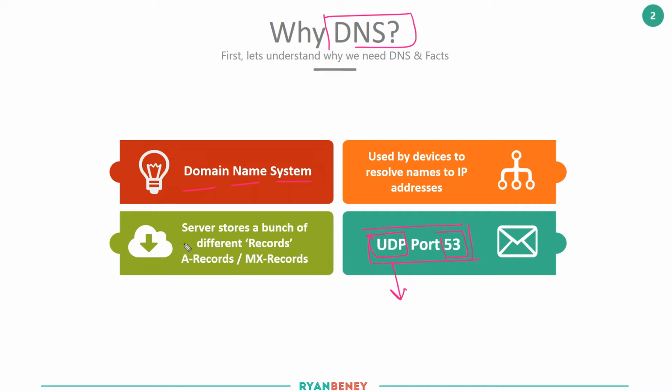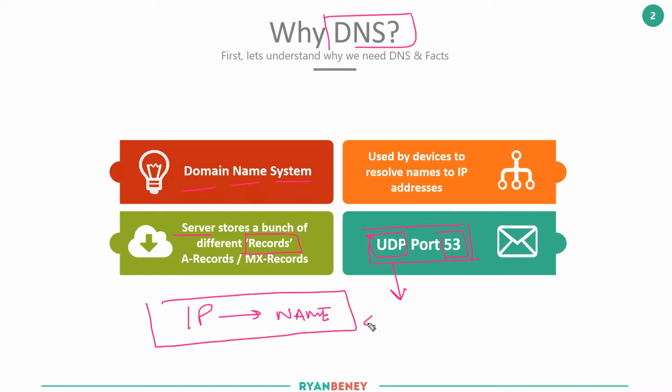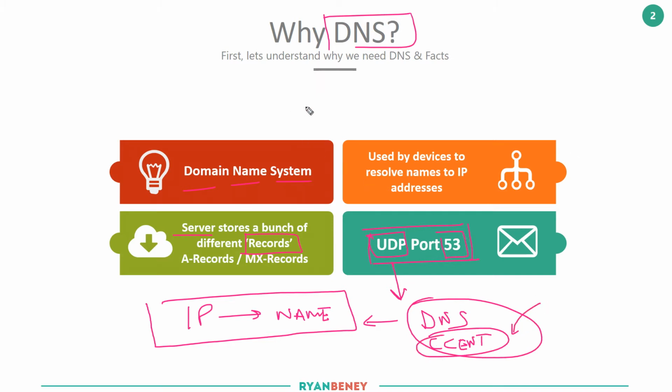We need to know that there are servers out on the internet that store the different records, and those records are the translations between IP and name, and ultimately this is the backbone of what DNS is doing as far as the CCENT is concerned. And I say as far as the CCENT is concerned because, like I said, DNS in its own right is a very big topic. There are things like mail servers, CNAMEs and so forth, but for now all we need to know about is the basics of DNS.